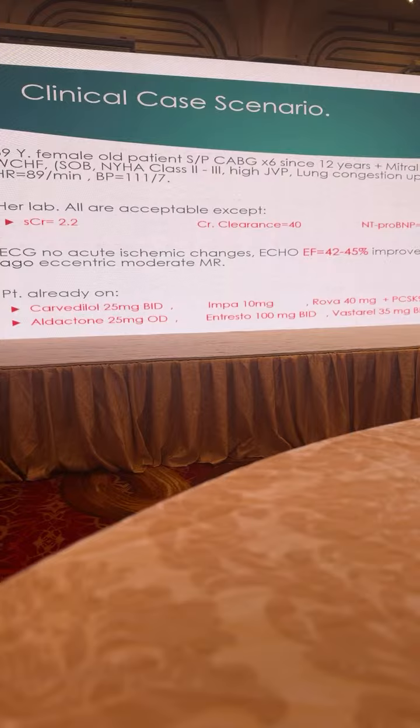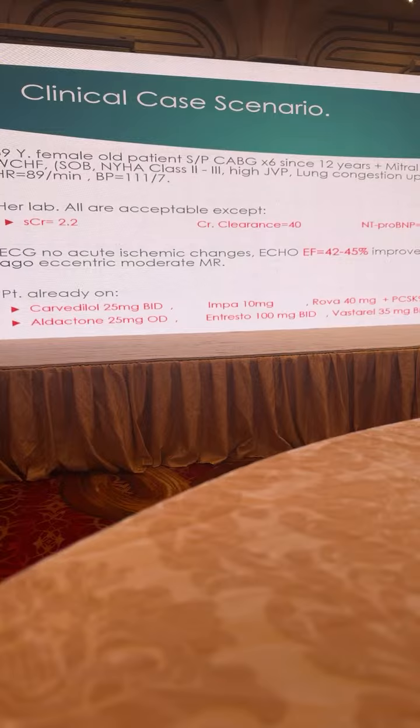Cardiologists don't like numbers, by the way. Cardiologists like profiles. So ECG normal, echo normal, troponin normal doesn't mean anything, and you know more than me. So his ejection fraction is 40 to 42, and you can say 40 here, 40 there. Creatinine clearance is 40, creatinine 2.2, right?